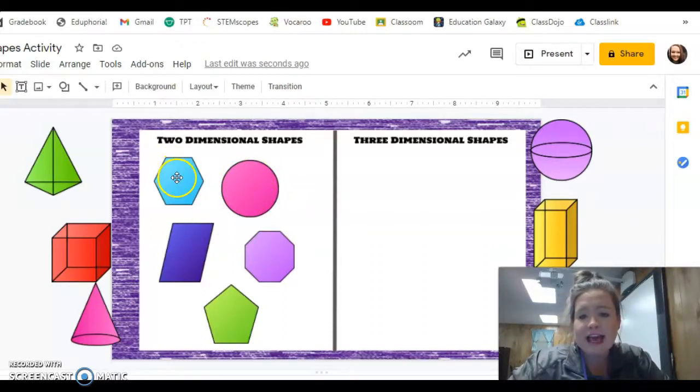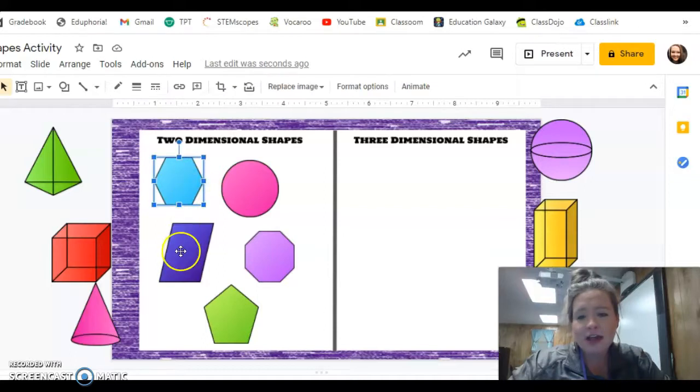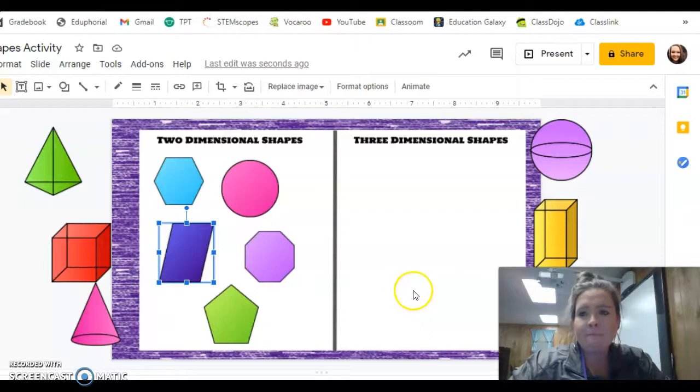Who knows what this shape is? Good, this is a hexagon. What is this one? Who remembers what that shape is? Good, that is a parallelogram. Say parallelogram. Parallelogram, good job.